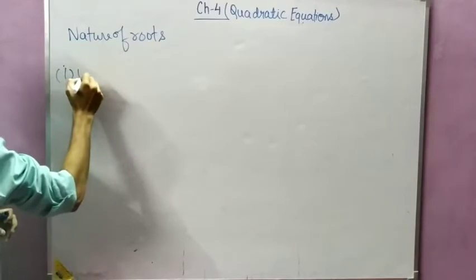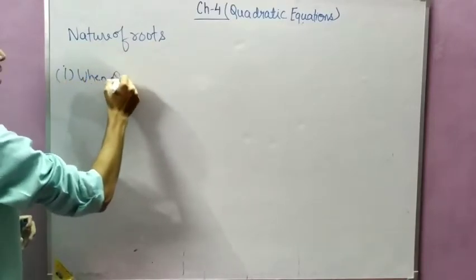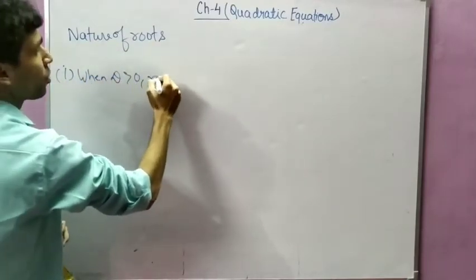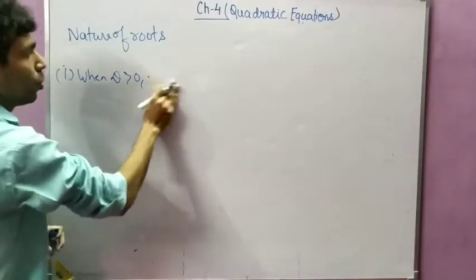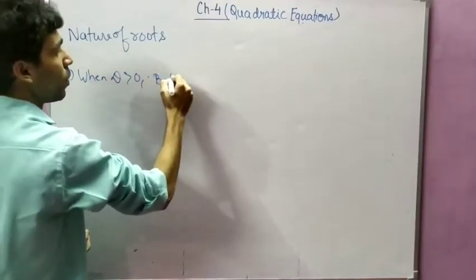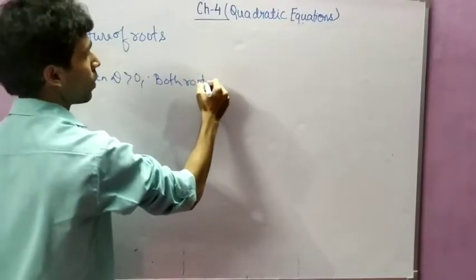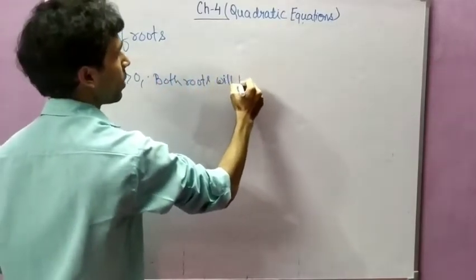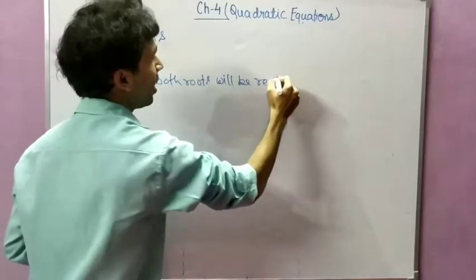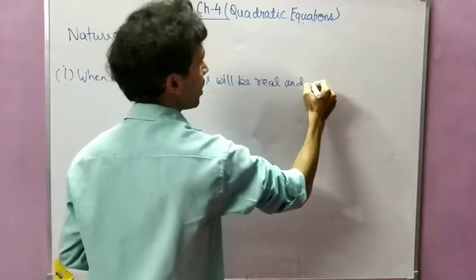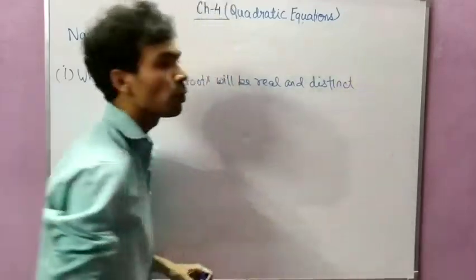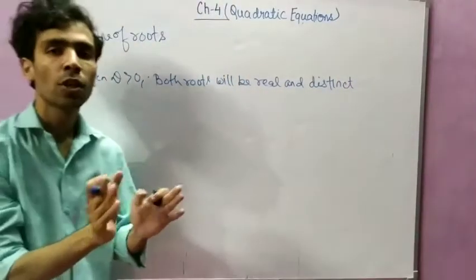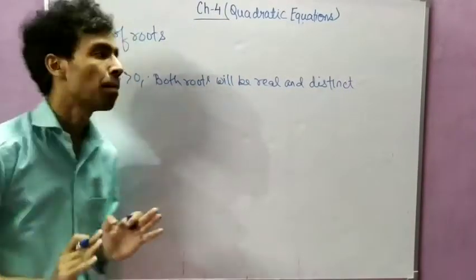First case, when D is greater than 0, both roots will be real and distinct. Distinct is also known as different, and it is also known as unequal, means the value of both the roots will not be same.